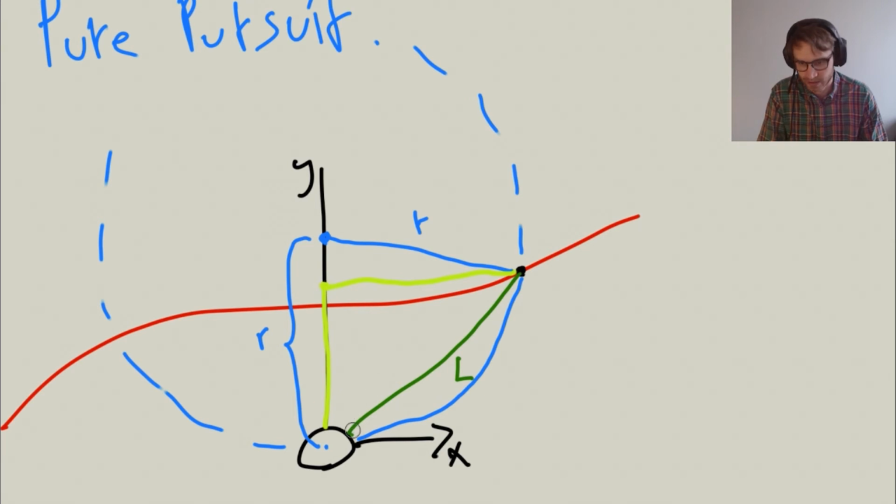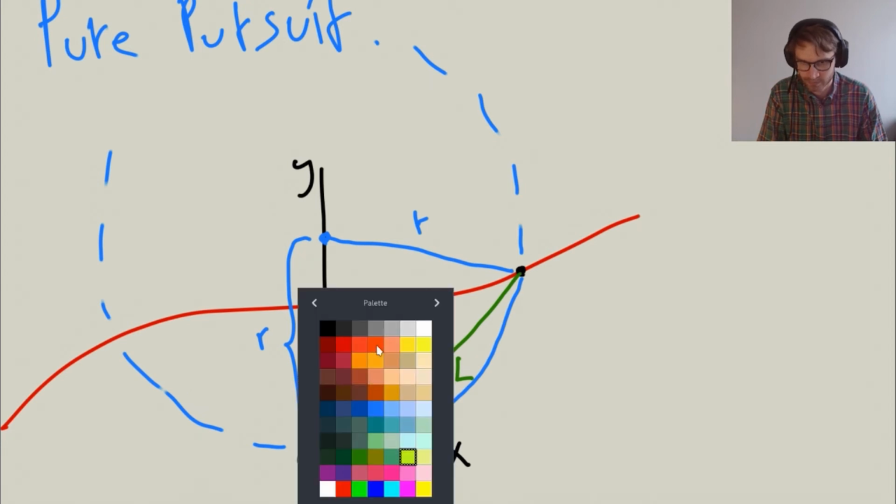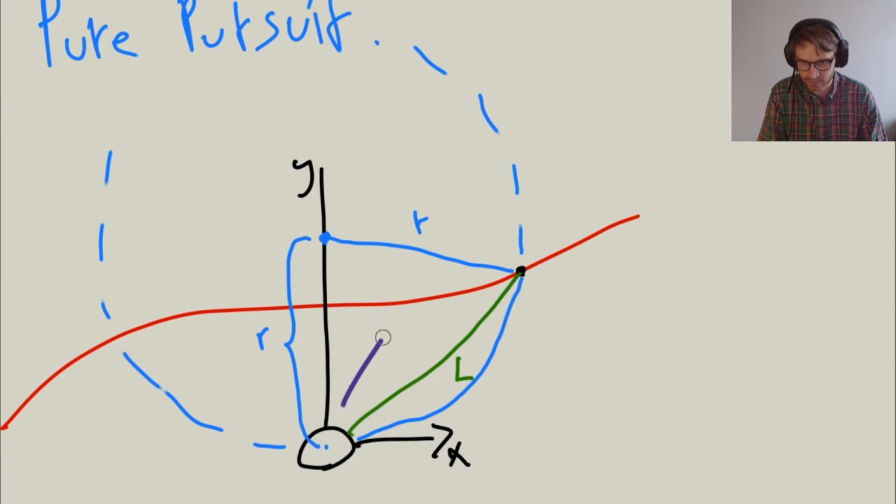So if we're looking at the points where the turtlebot is right now, here, and then where we're headed over here, the differences in y and x coordinates are along this y-axis, and then in the same direction as x.